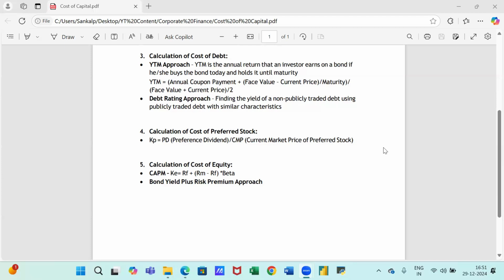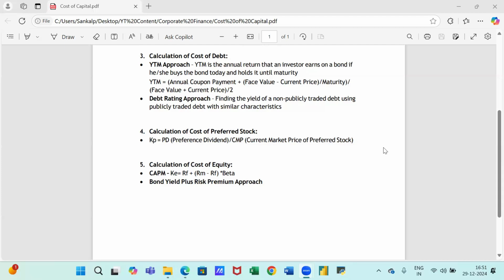So I'll find out other similarly listed AAA 10-year corporate bonds and then interpolate in order to find out the cost of debt for my particular unlisted debt. Then I'll multiply that by 1 minus the tax rate in order to get the final after-tax cost of debt.